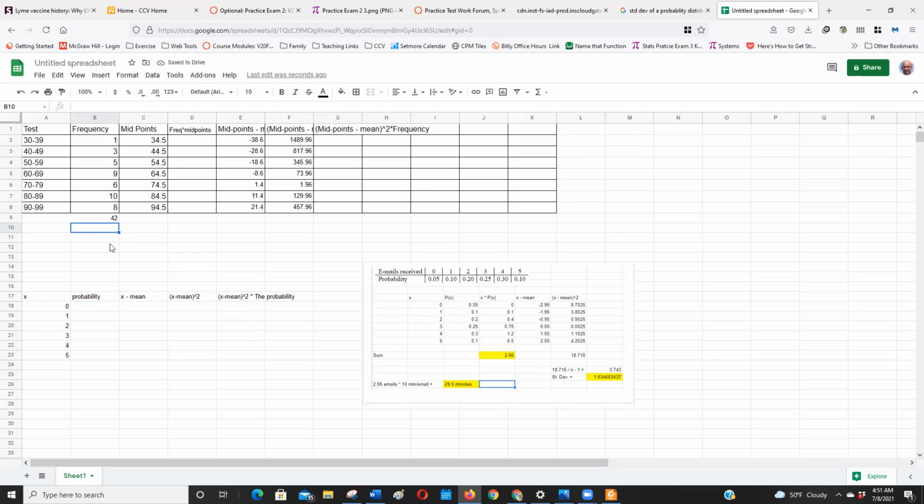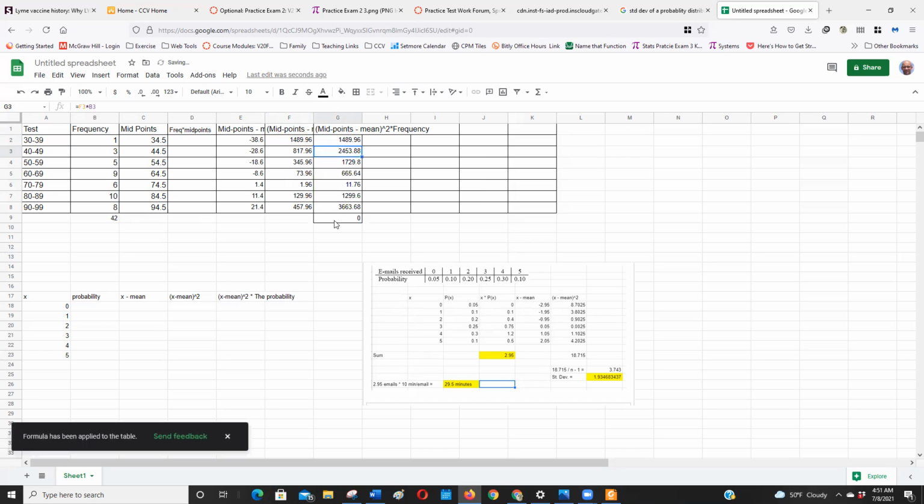So we know we're going to divide by n-1, so 42 minus 1 is 41. Right now I'm only seeing 8 numbers or 7 numbers, so we get to account for all those 42 values. So we'll take this and multiply it by the frequency, and that'll tell me how many of those 1489s there are, et cetera.